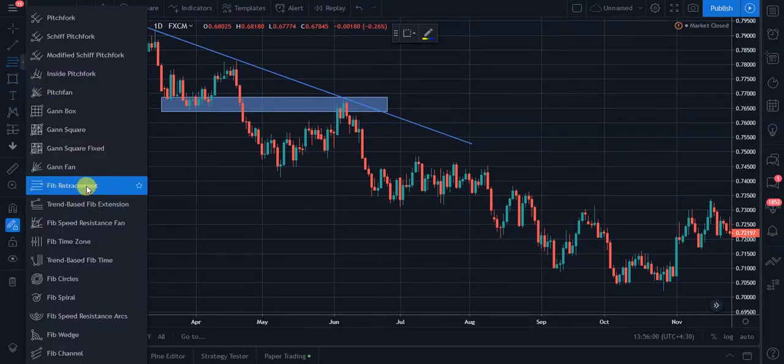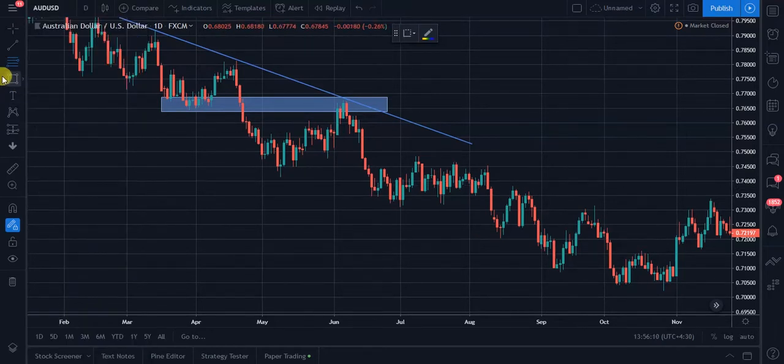As I said, that's the same as Fibonacci retracement, but we need to use different numbers. So that's the difference between Fibonacci retracement and extension. From 0 to 100 is Fibonacci retracement, and above, or more than 100%, is for Fibonacci extension.